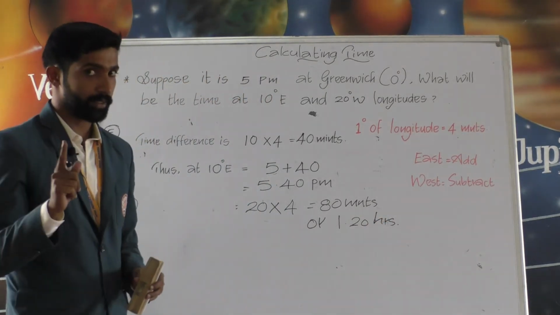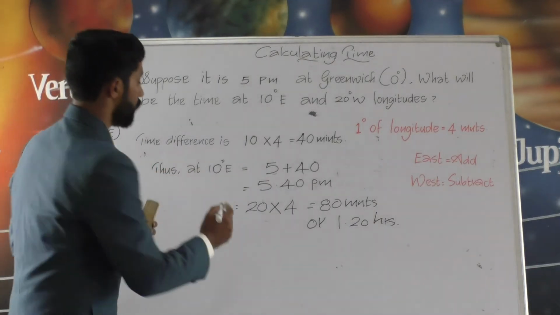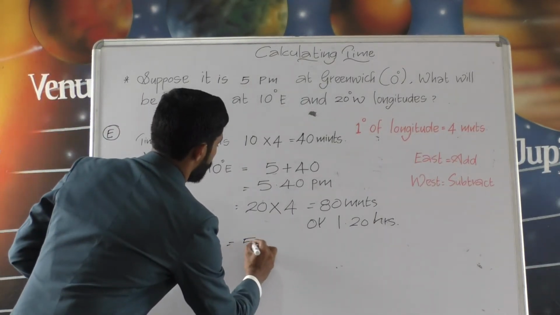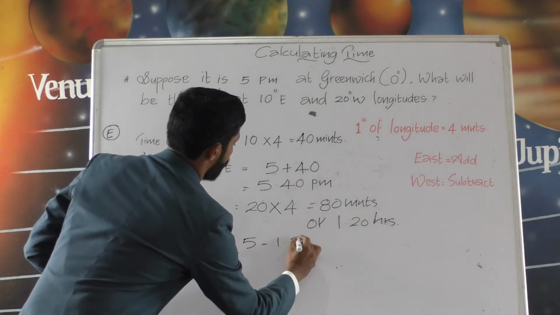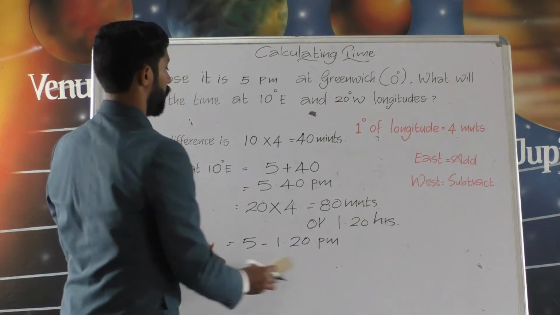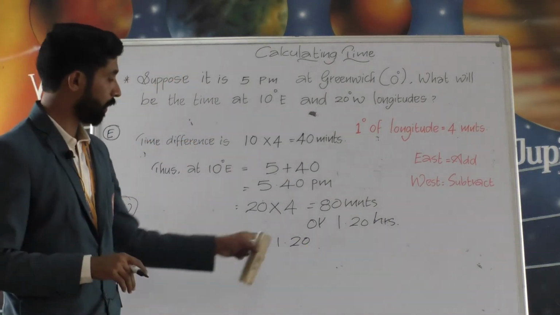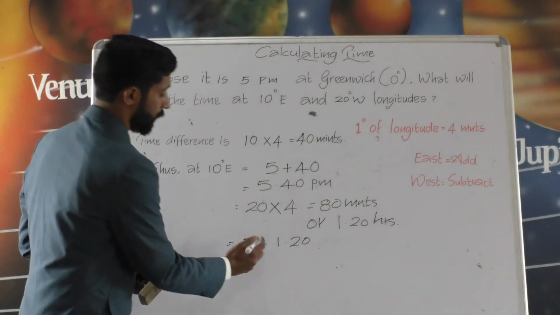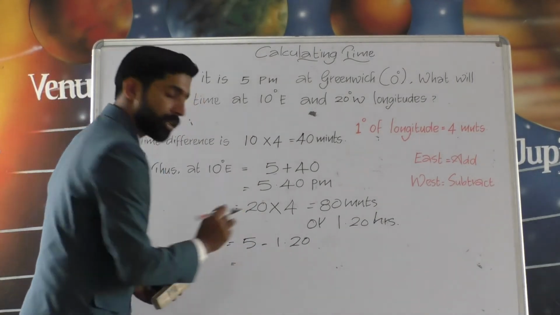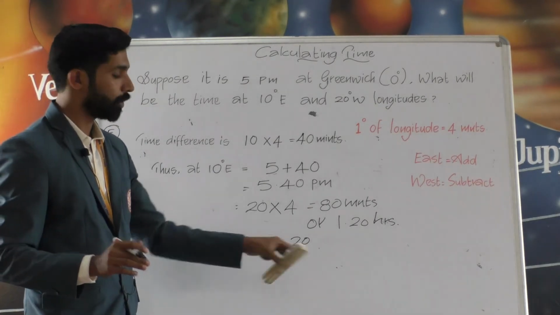So it is west, right? It is west. So what do we have to do? We have to subtract. 5 o'clock minus 1 hour 20 minutes, how much will it come? See, 5 minus 1 is 4. 4 o'clock you have to minus 20 minutes.